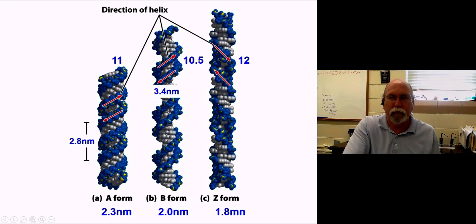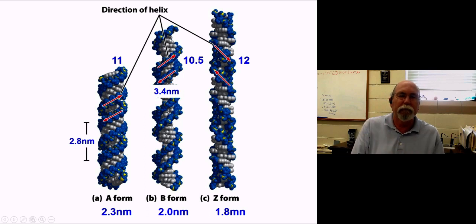So these are the forms. Now the beta form, again, is the most common that we see, and is certainly the one that we would expect to be found in most biological systems. So what do the others do? Well, the A form is definitely known from dehydration conditions. So in bacteria, where they're desiccated, dried down or out of water, in low water conditions, you certainly see this compaction.